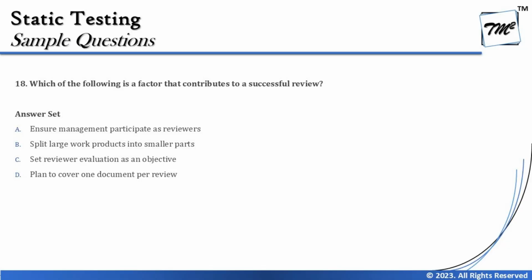C says set reviewer evaluation as an objective. I think we had the very first point, as I remember very clearly, it said that the objective is to conduct the review on the document, but not on the reviewers.